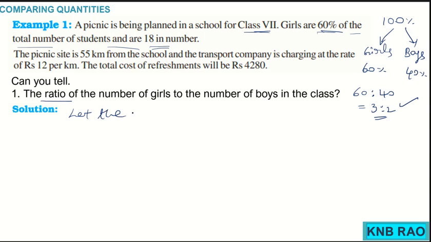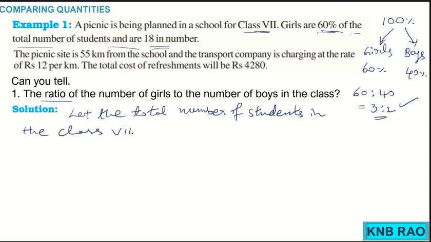Let the total number of students in the class 7th be X. Therefore, 60% of X is equal to 18.